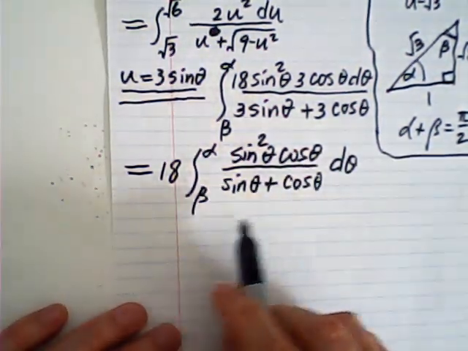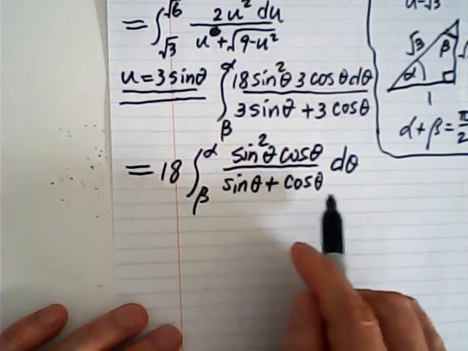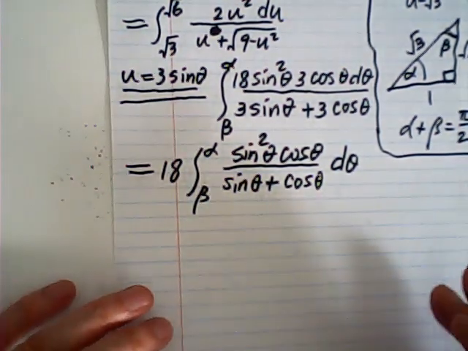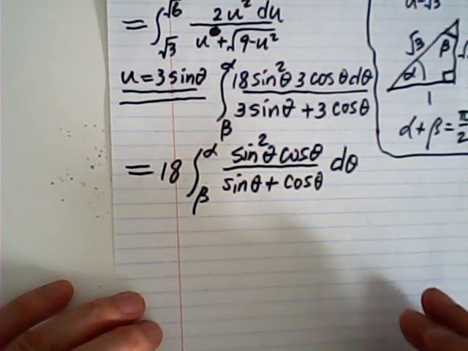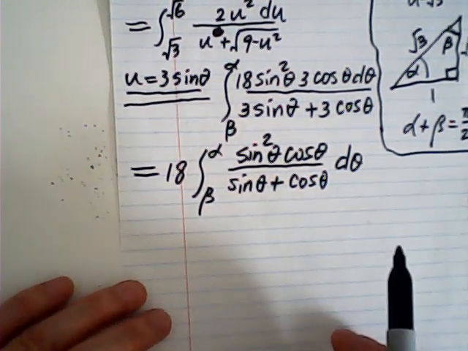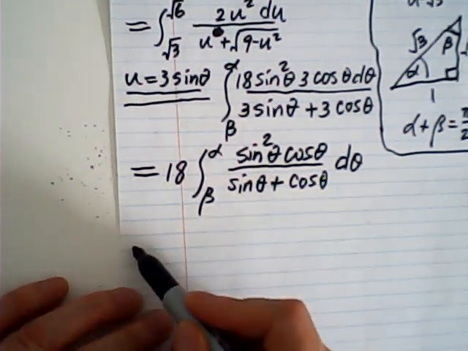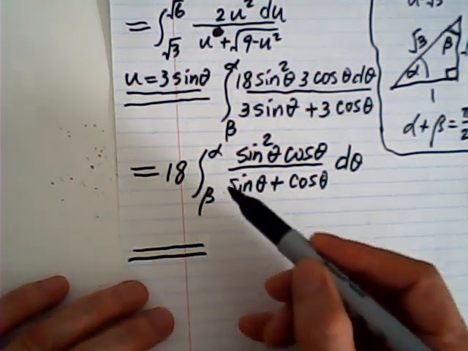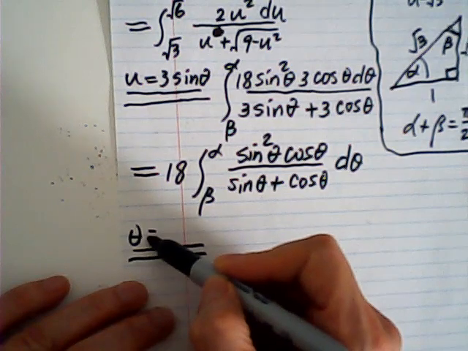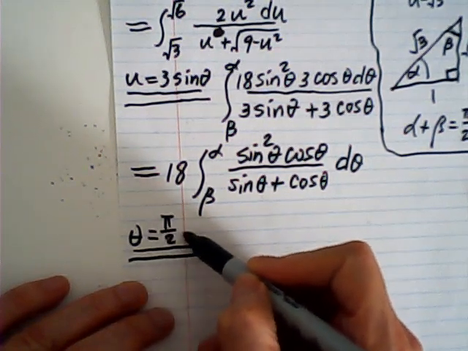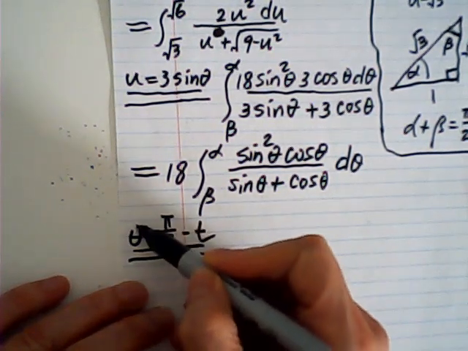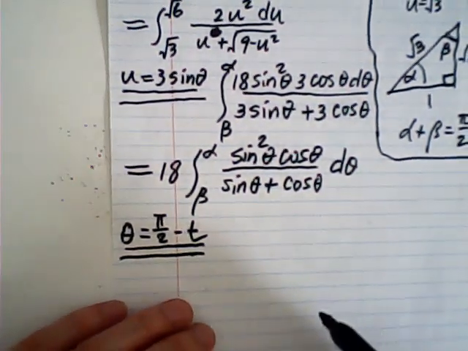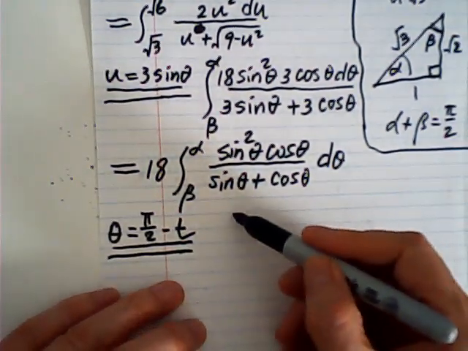But here I have an idea: because cosine and sine can be switched if the angle differs by half pi, I let theta be equal to half pi minus t. I introduce a new parameter t.